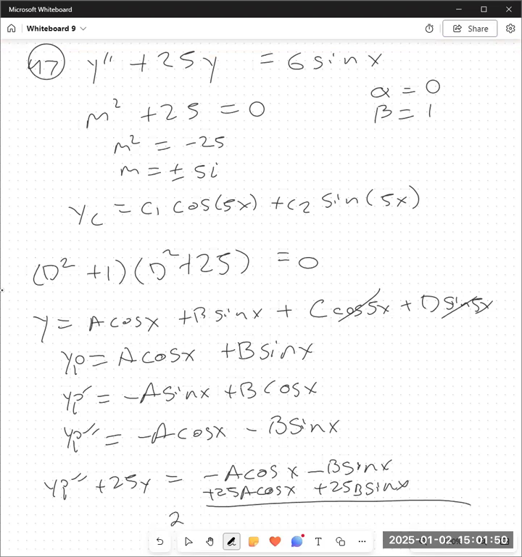That's going to give me 24a cosine x plus 24b sine x needs to be equal to 6 sine x.